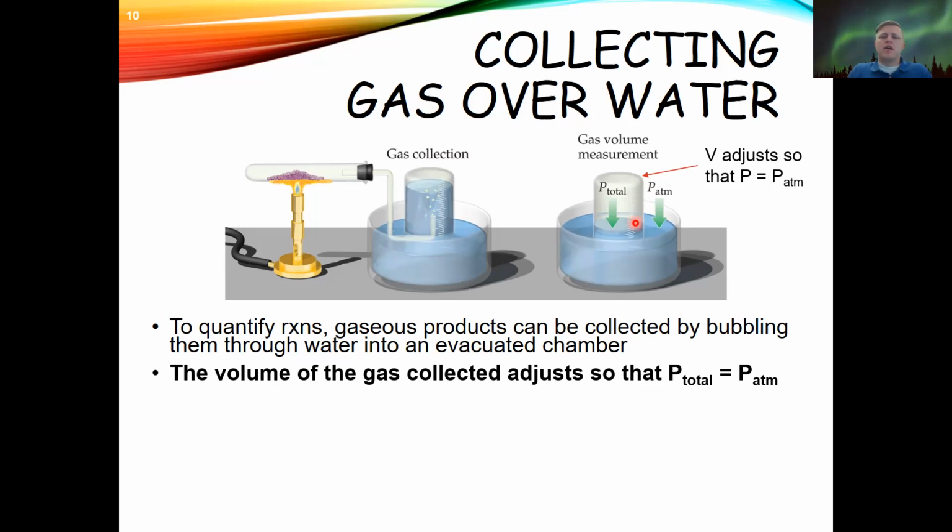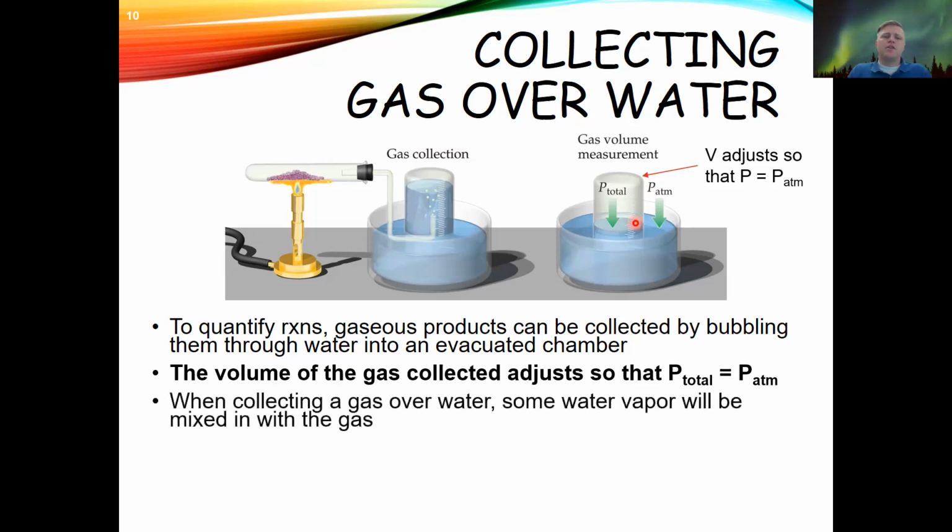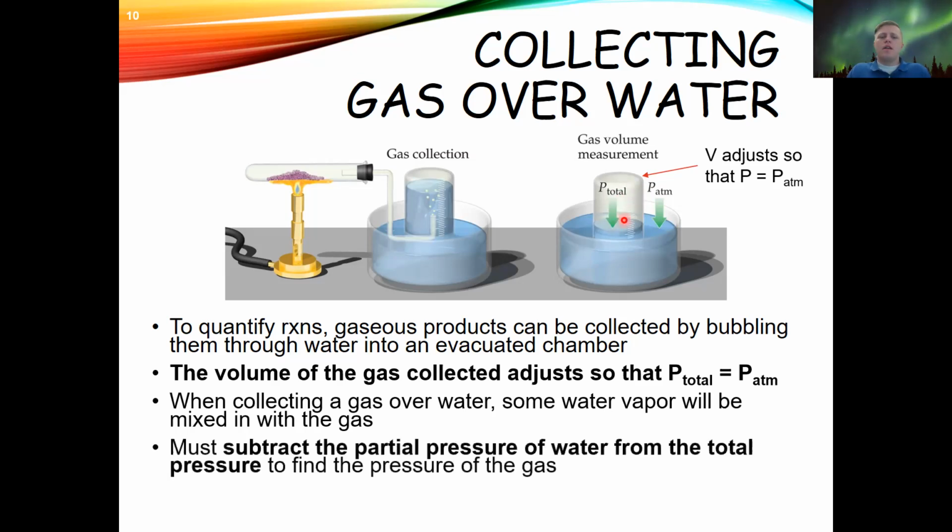Right? So this is actually a great way for chemists to see how much gas is coming off of a reaction. There is a little bit of a catch though, is that while you're doing this, this beaker is not only filling with your reaction gas, but water also vaporizes and always just has some amount of what we call vapor pressure or some amount of partial pressure in the air. And so it is going to have some partial pressure contributing to the total pressure in here as well.